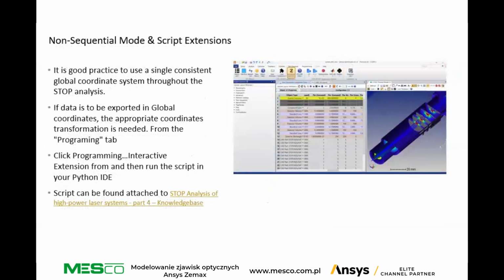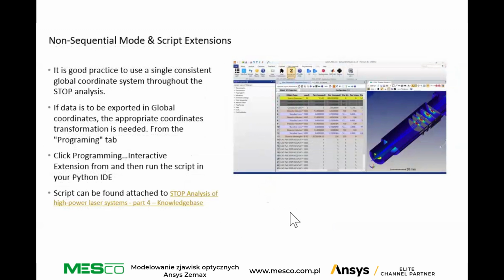And now this is the data that we want to export to Mechanical or Fluent or whatever. In this case, we are using a script because we don't want to do it manually. If you are interested, the script is a Python script and can be found here.